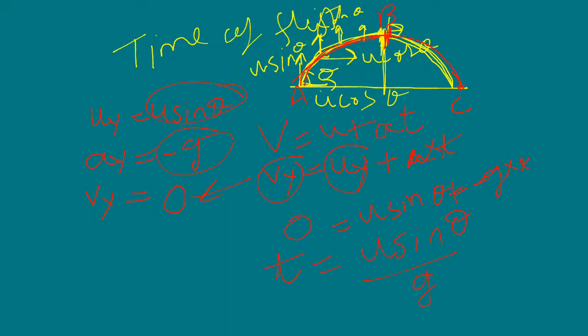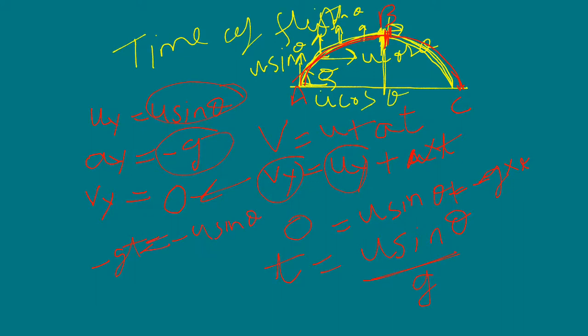So we can write it like this also: minus g t equals minus u sin theta.